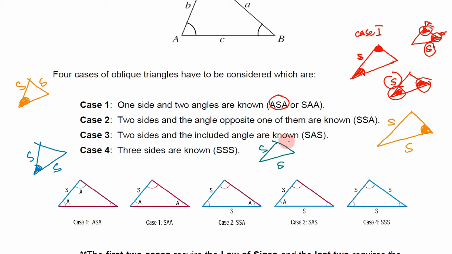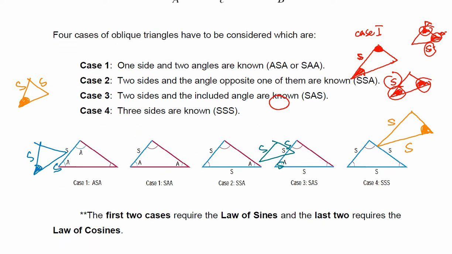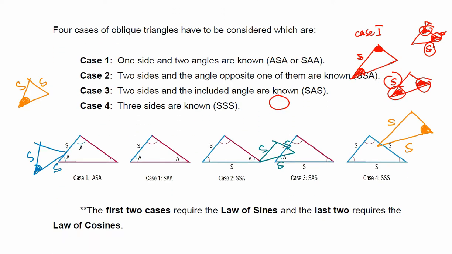Case 4 is side, side, side, meaning the case doesn't give any angle for the triangle. So we have two laws: the law of cosine and the law of sine. Case 1 and case 2 fall under the law of sine.